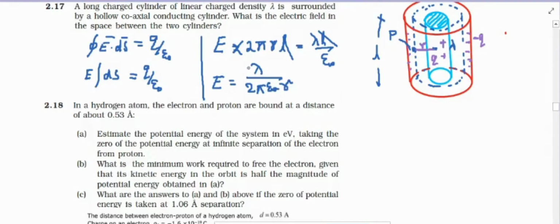Or we can multiply and divide the equation by 2, and you will get 2 lambda divided by 4 pi epsilon naught r, which can be taken as the final equation for the electric field between the two cylinders.